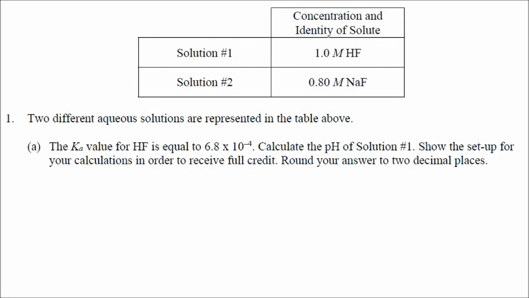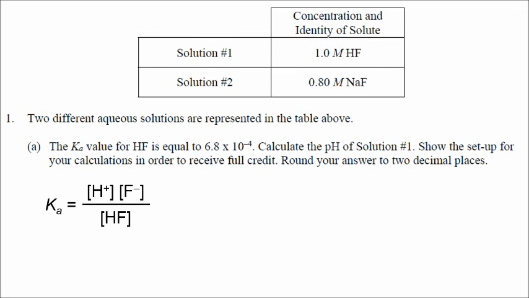Number 1, we have 2 solutions. We have a 1 molar solution of hydrofluoric acid, and we have a 0.8 molar solution of sodium fluoride. Let's start with the pH calculation for the solution of hydrofluoric acid. Ka is equal to H plus times F minus over HF.